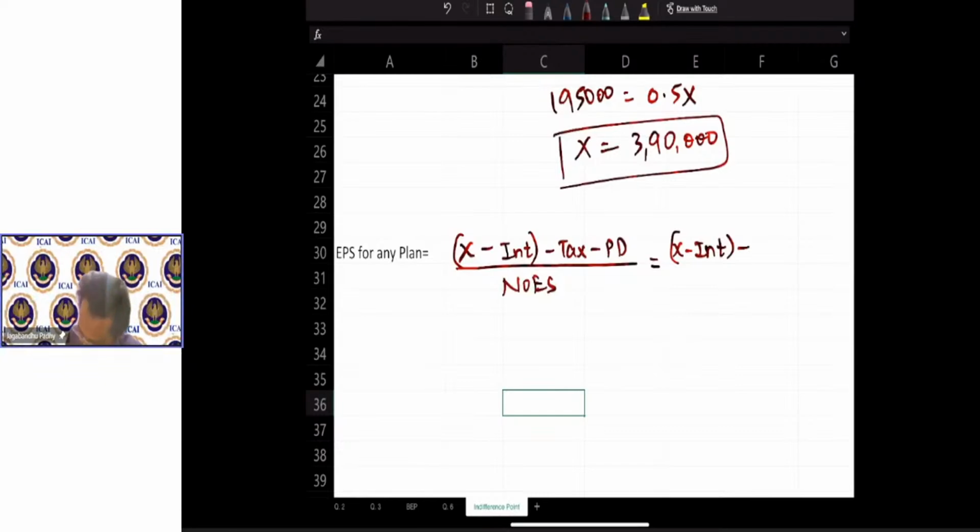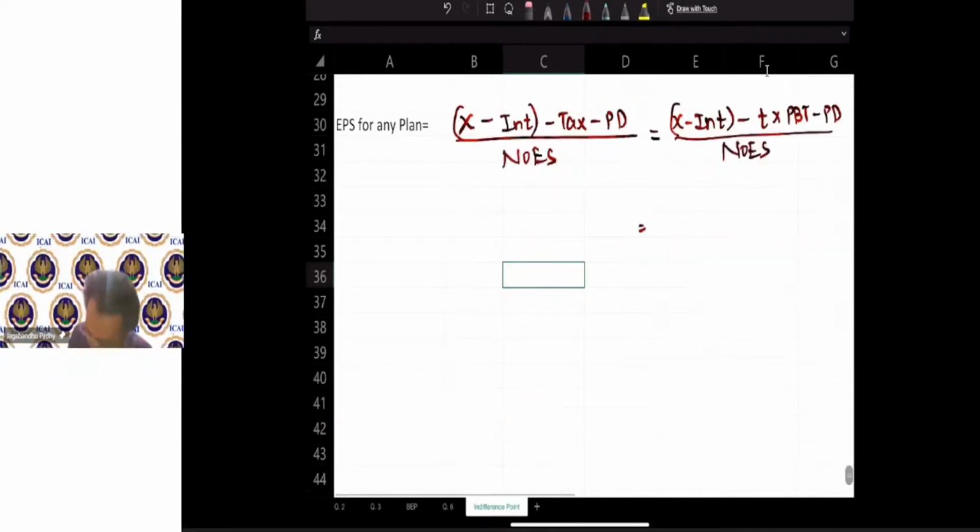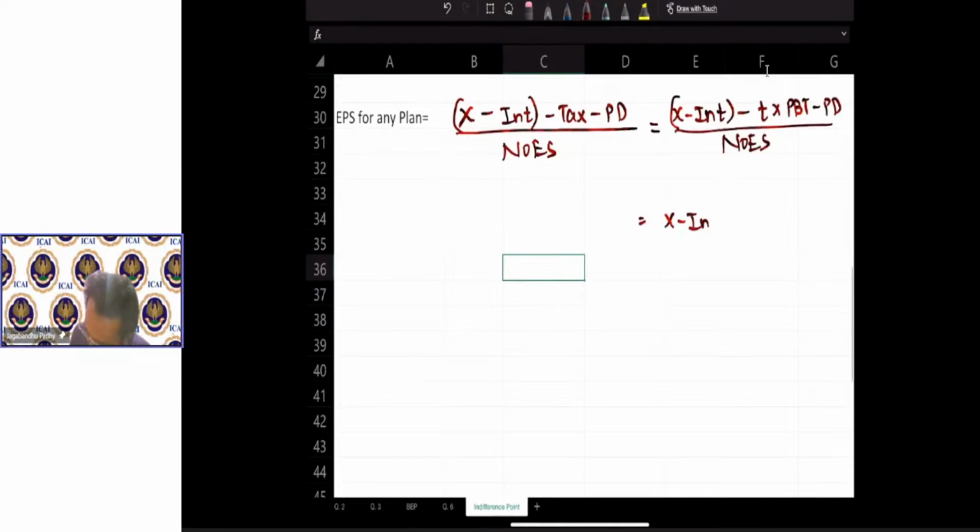Well, the tax amount is the tax rate t, the small t stands for tax rate, multiplied by profit before tax. So X minus interest minus tax into PBT, minus preference dividend, divided by number of equity shares.